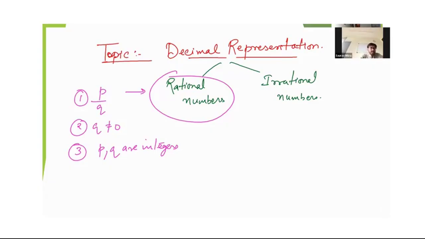Additionally, these rational numbers have a decimal representation.